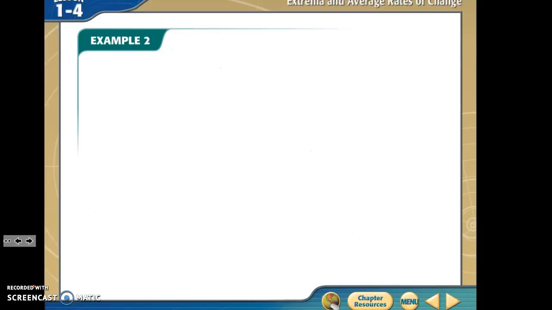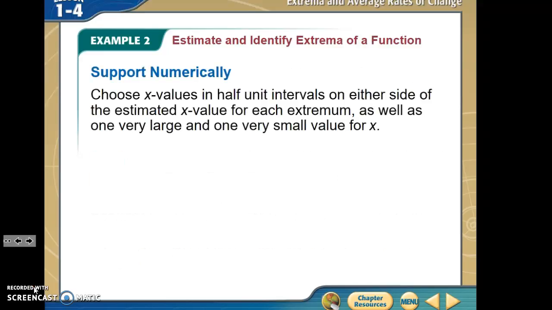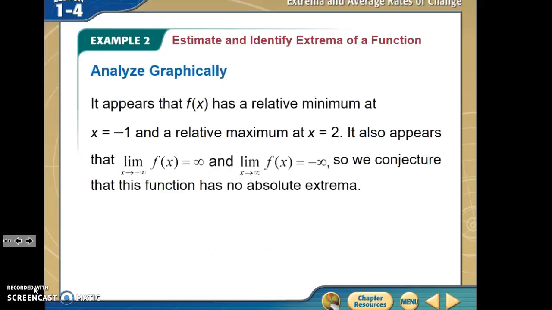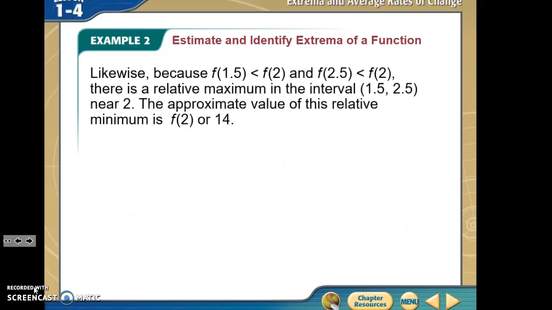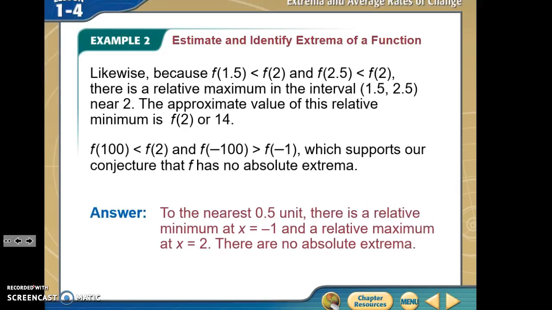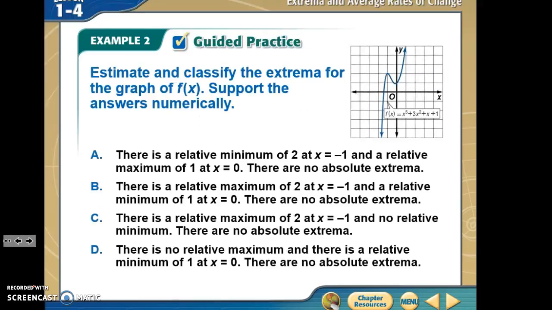Was that the same example or a different one? All right, so looking at this one, we have our graph here.